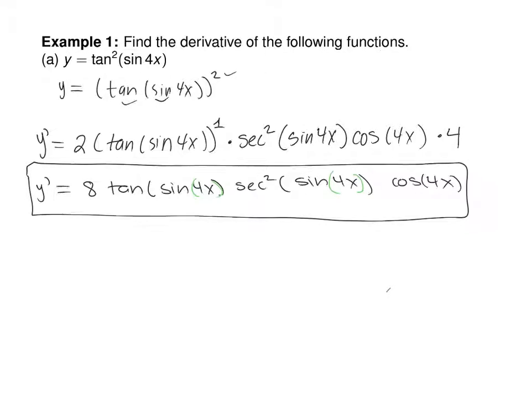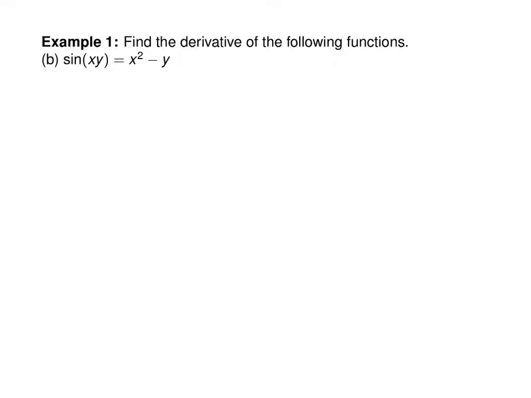Okay. Next one's implicit differentiation, right? Okay, so sine xy. First you differentiate. Sine, derivative is cosine. And then multiply by the derivative of xy, which requires the product rule.